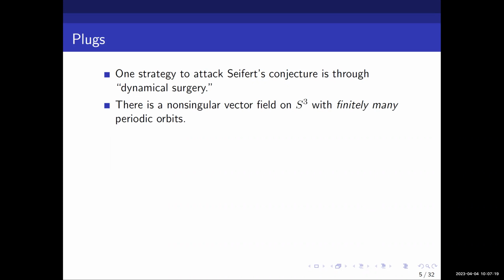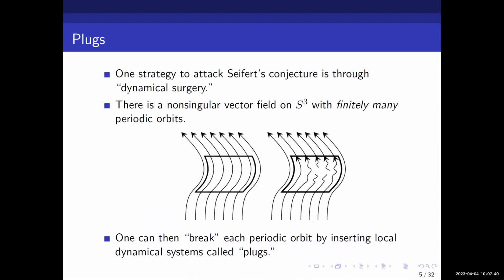You can do this by looking at, let's say, the gradient of a Morse function on S2, and then lifting it under the Hopf fibration to a vector field on S3. It's a standard construction to get finitely many periodic orbits, and then you can try to break the periodic orbits.